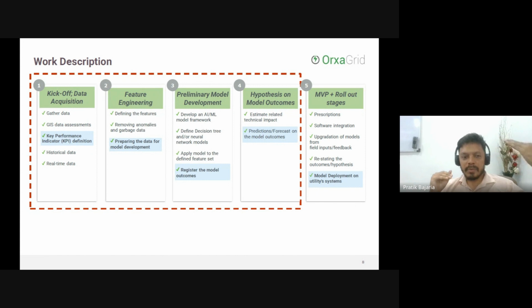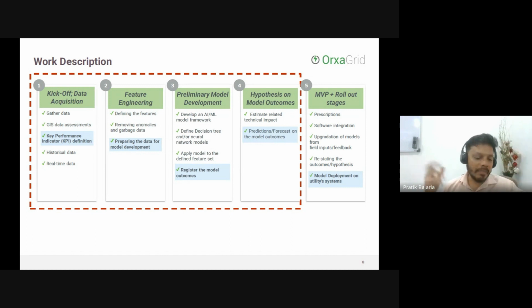And hence, we give you prescriptions. Once the MVP stage is over, we try to roll out the features, the utilities which go into the software, like integrating these models into the software and upgrading these models as we go.